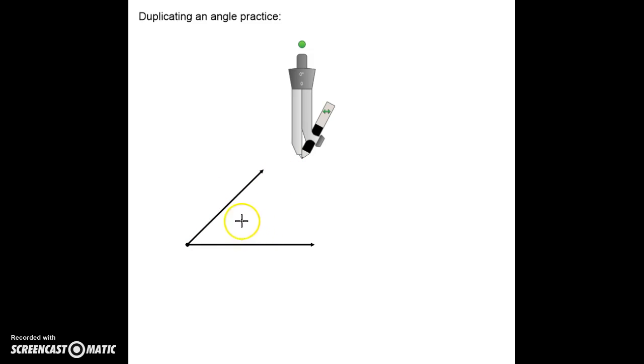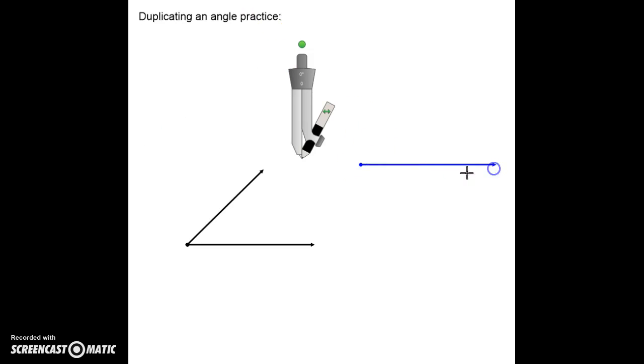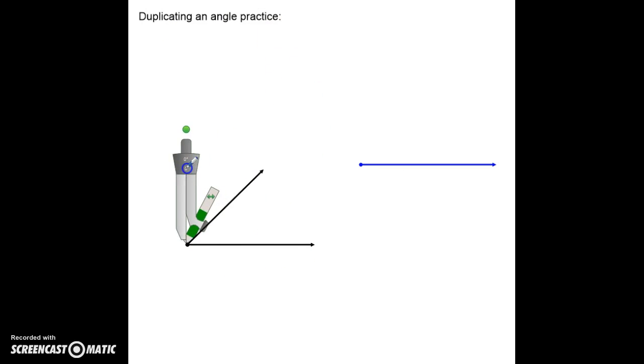I could use a protractor and measure, but that would not be a construction technique. So now what I want to do is I want to construct a duplicated angle. So I need to start with a ray, and then I will take my compass and I will make an arc that goes through the given angle, or the angle I want to copy.